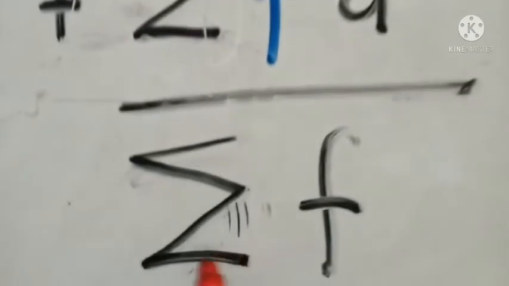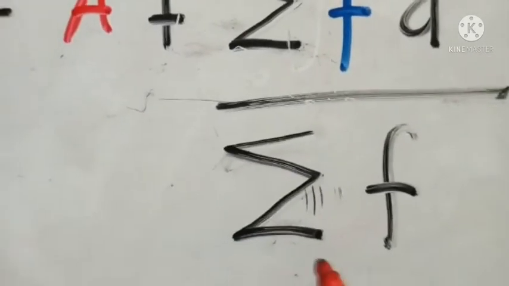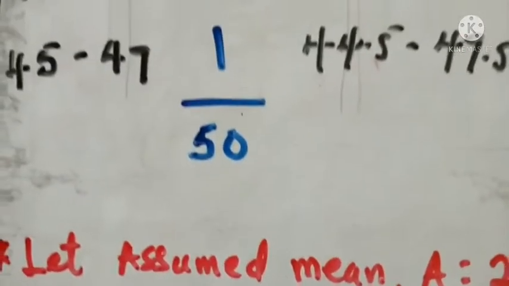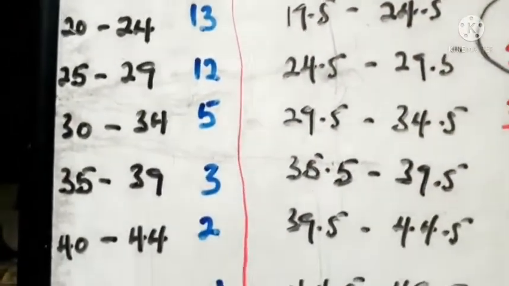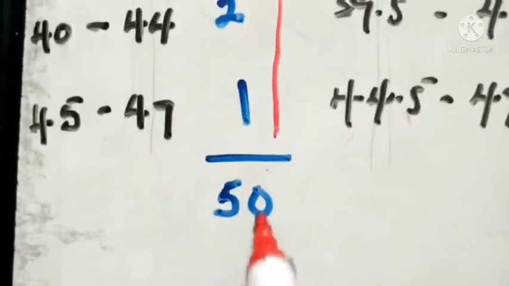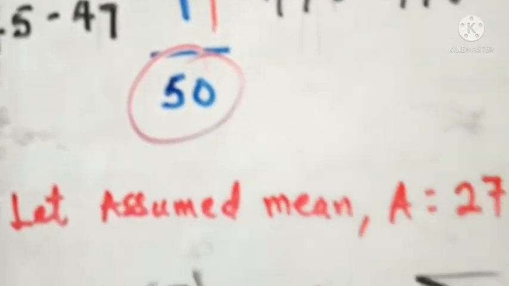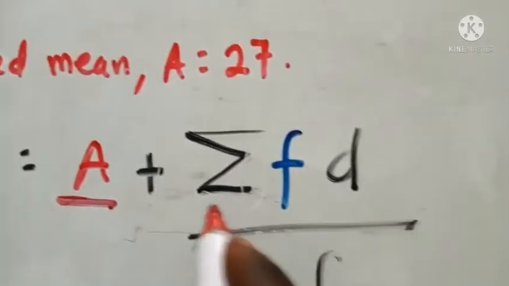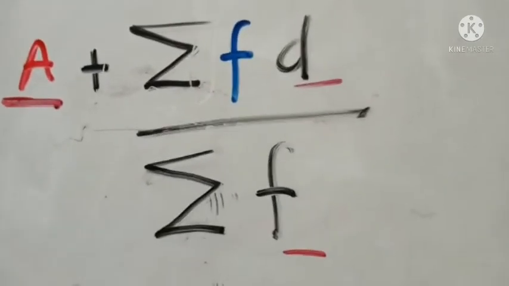And then down here, the summation of F, meaning the summation of the frequency, you have to add all the frequencies together. When you add everything perfectly, you get 50. Is that okay? Now that we know A, we know the summation of this, and we know this one too, we are free to go.